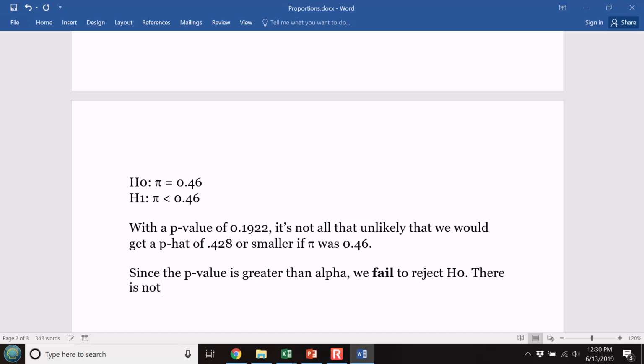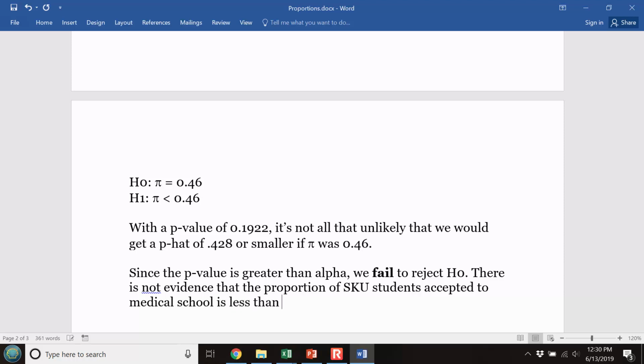There is not evidence that the proportion of Southern Kentucky University students accepted to medical school is less than 0.46. It sounds like it's a double negative, but in the statistical world that's actually an okay statement.